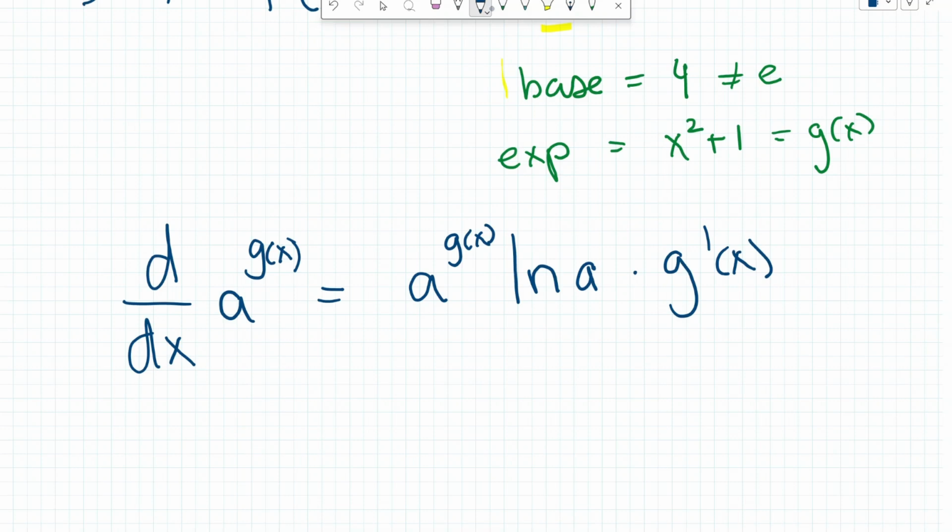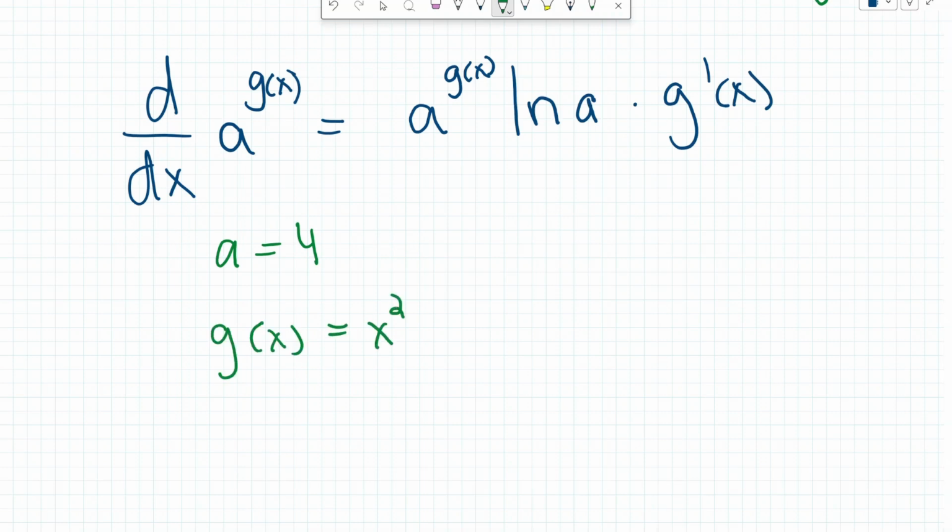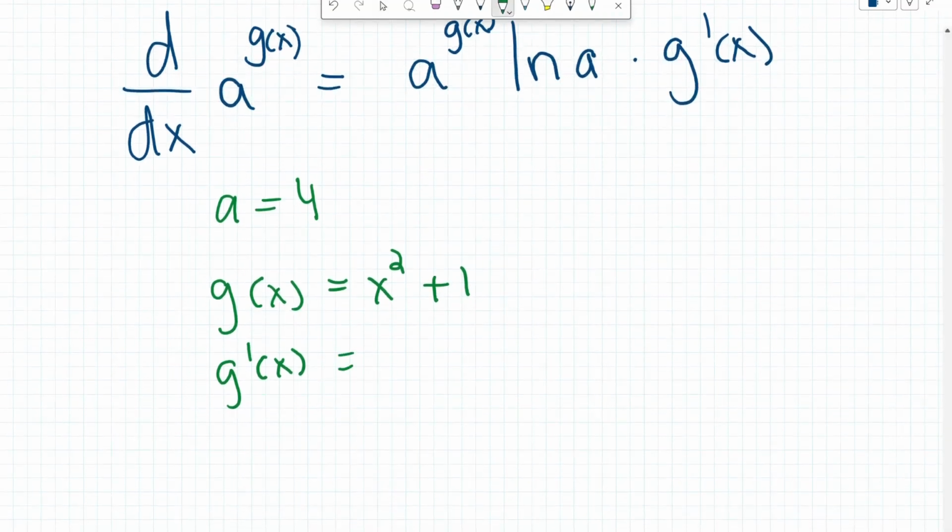Again, write the definition out, solve for all the individual pieces, and then put it together. Let's look at that. In this case, our a equals 4, our g of x equals x squared plus 1, so our g prime of x equals 2x, following the power rule.